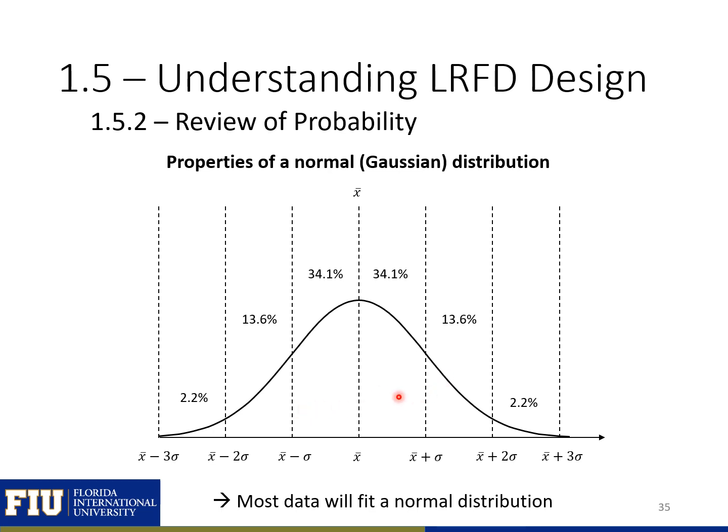If we move out 2 standard deviations away, we have about 95% of our total observations. And if we move out a 3rd standard deviation, then about 99.8% of our observations will be contained within 3 standard deviations.